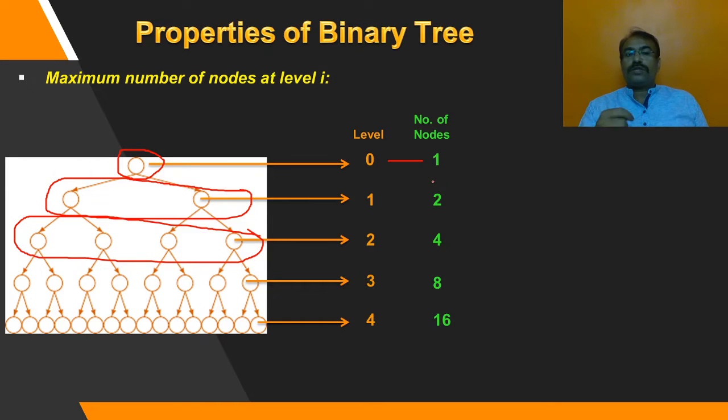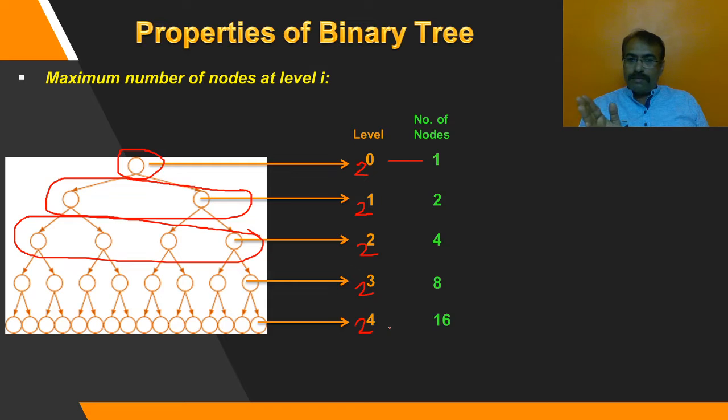Can I say 2 raised to power 0 is 1? 2 raised to power 1 is 2. 2 raised to power 2 is 4. 2 raised to power 3 is 8. 2 raised to power 4 is 16. Okay.